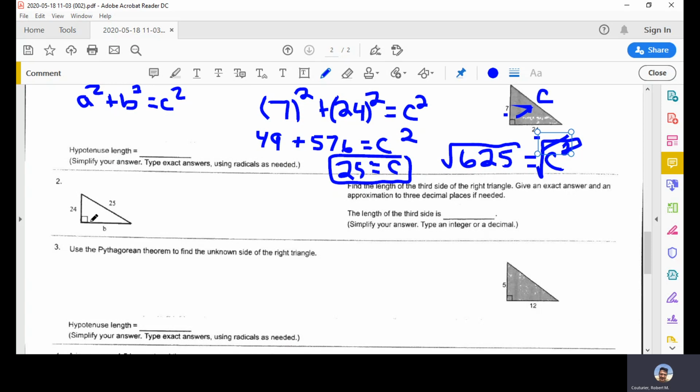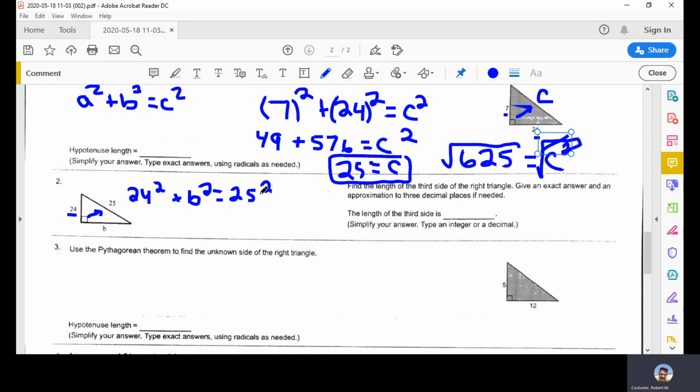Well, notice that opposite that 90-degree angle is the hypotenuse. So we have 24 squared. We'll say 24 is A, plus B squared, because we don't know what B is, equals 25 squared.